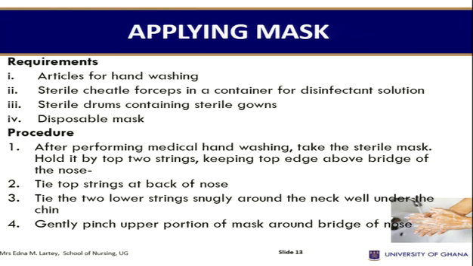Hold it by the two strings, keeping the top edge above the bridge of the nose. Tie the top string at the back of the head. Tie the other two lower strings snugly around the neck, well under the chin. Gently pinch the upper portion of the mask around the bridge of the nose.